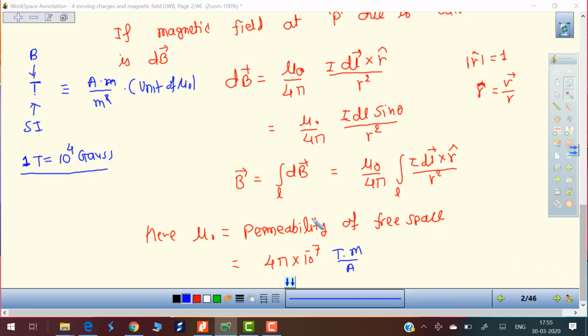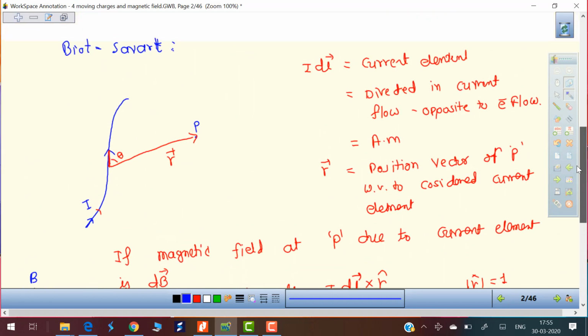Now this is the magnetic field. You can find the magnitude and the direction. How you can determine the direction, that we discuss now.